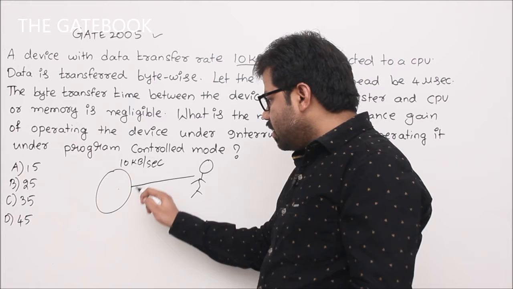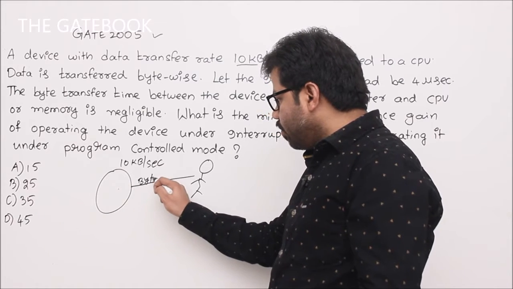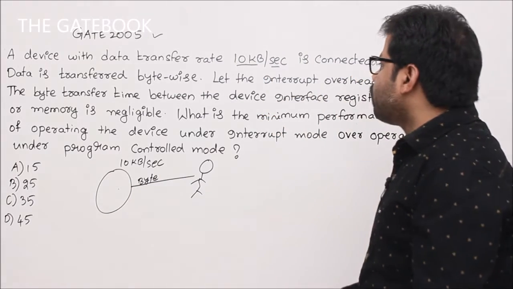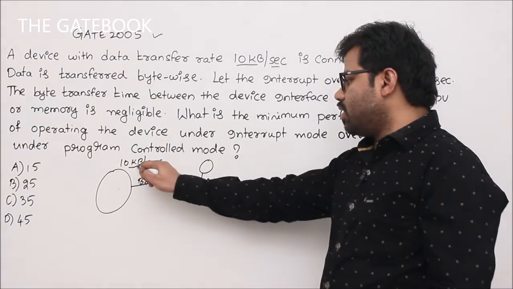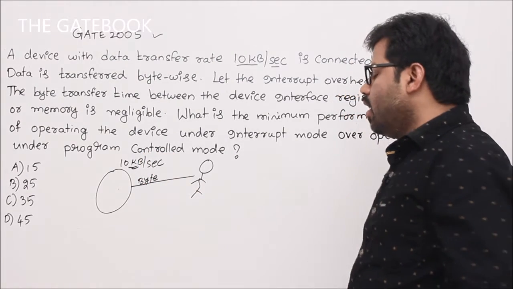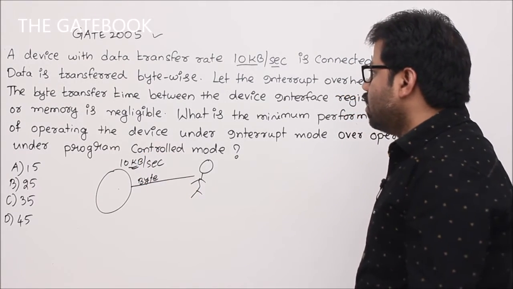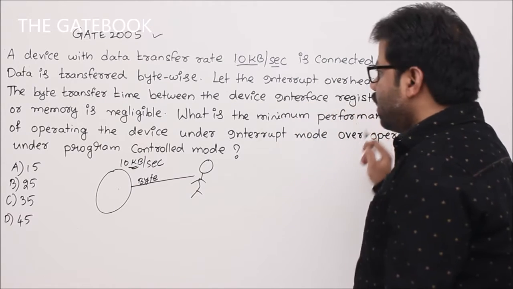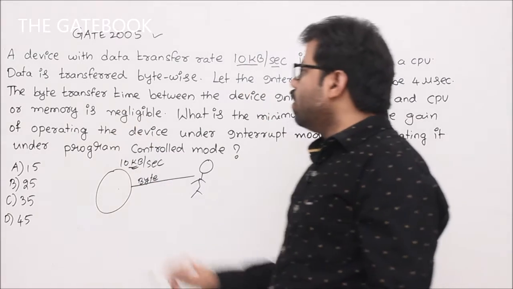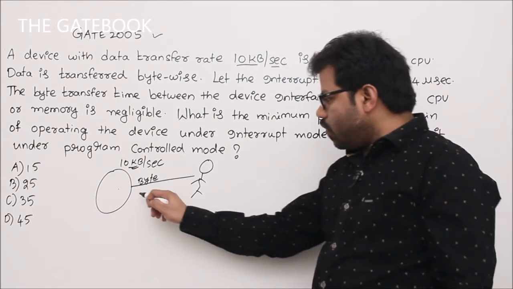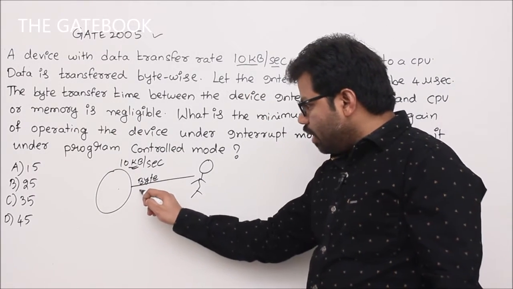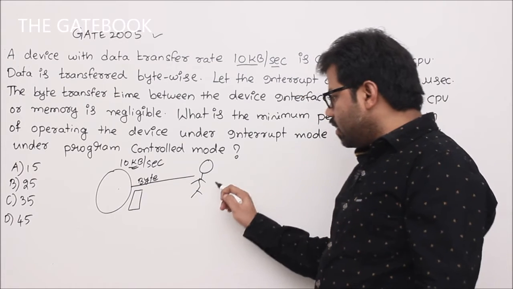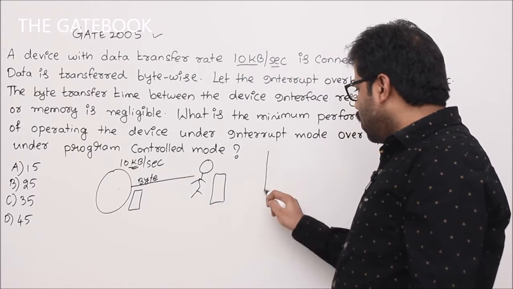Now data is transferred byte-wise. That means the device is going to send only one byte at a time, then later another byte, in that way. The speed is 10 kilobytes per second. Now the byte transfer time between the device interface register and the CPU or memory is negligible. So whenever you want to transfer the byte from the device register to the CPU register, this is your main memory.